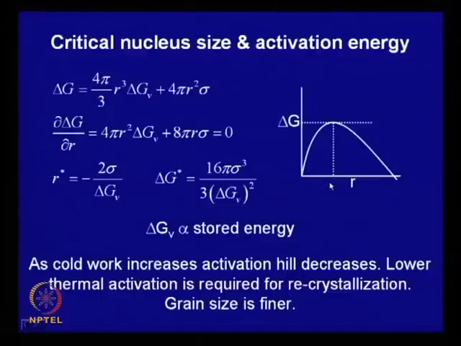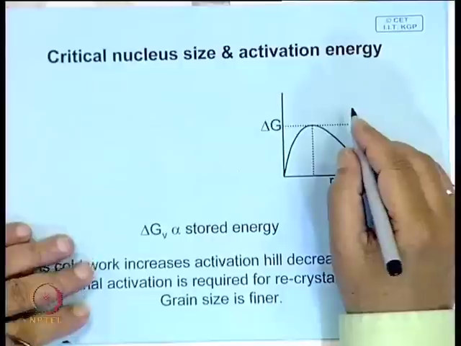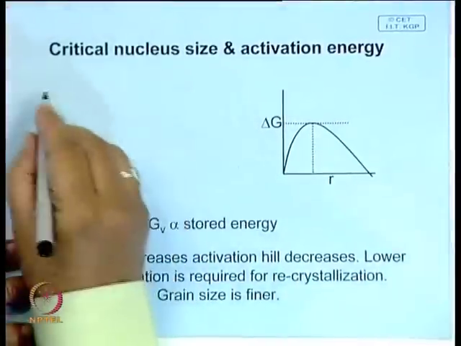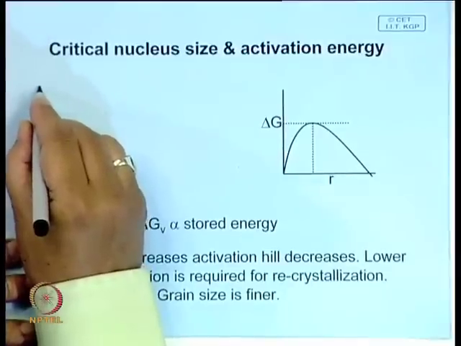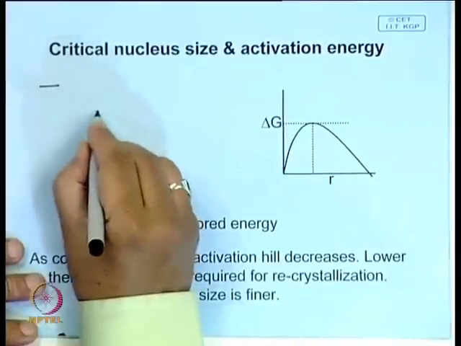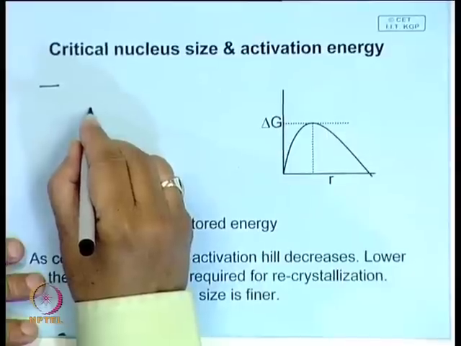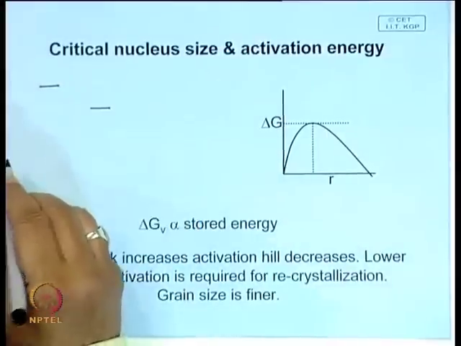Now, as cold work increases, what happens? As cold work increases, what will happen to the activation hill? Obviously, you can imagine it like this. You have a cold work material, and somewhere here an annealed material, which is a more stable material, that state is here.